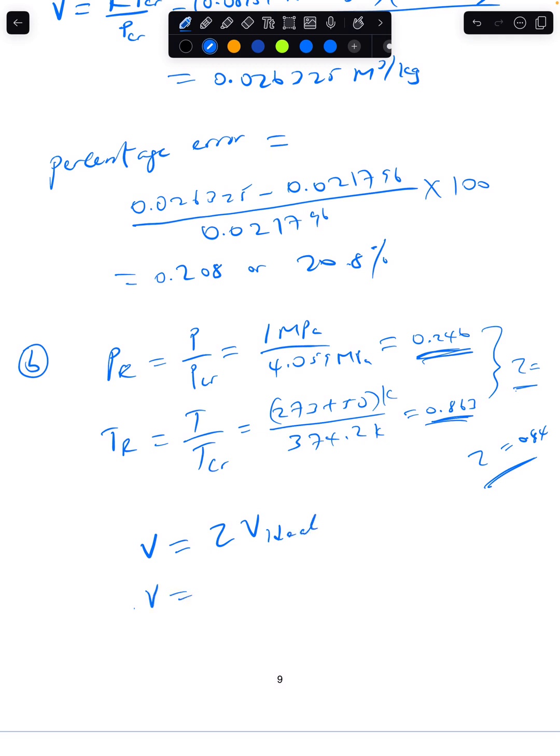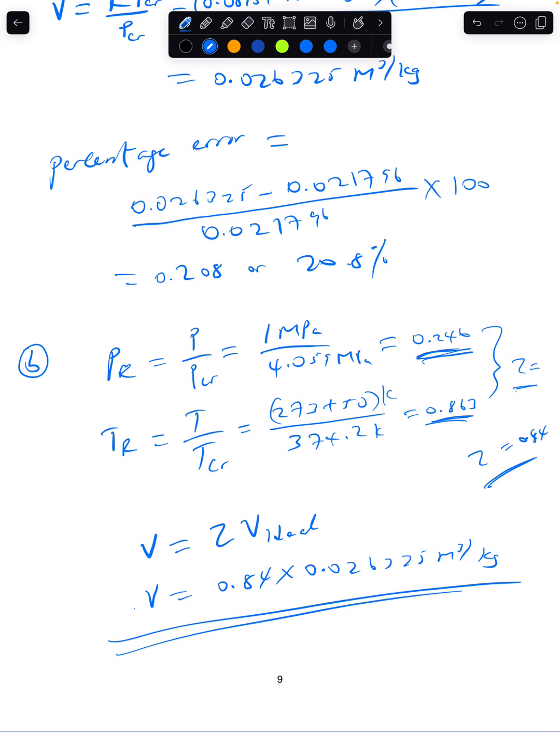So this is equal to 0,84 times 0,026325 meter cube per kilogram.